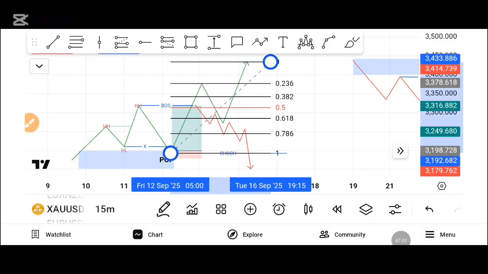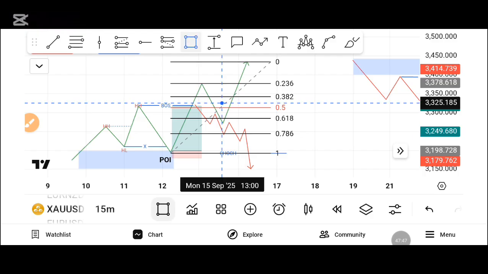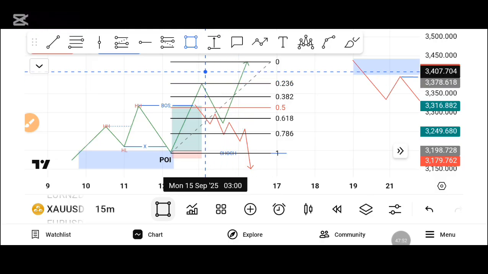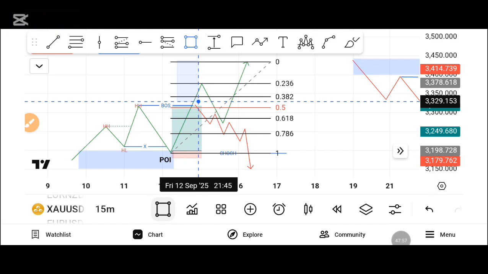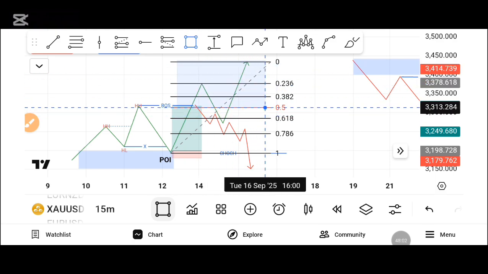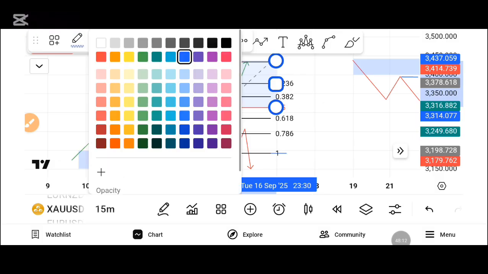So this is your premium versus discount. The first upside is your premium, and you want to be selling from your premium. Your premium is from the high to the 0.5. Locate the 0.5. At this point here, you would like to sell.